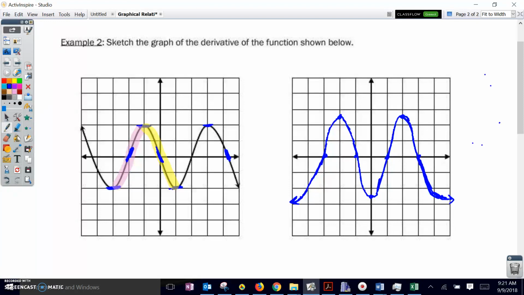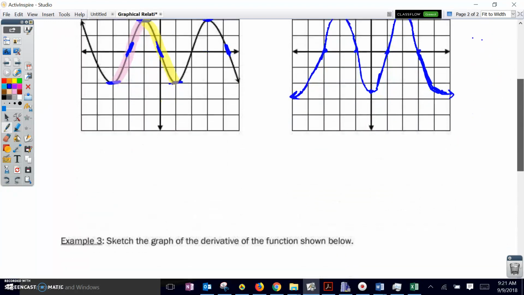And it might look something like that. Again, this is a sketch, so it's not completely precise, but we want to get close enough that we get a decent idea graphically what's going on with the function. Alright, we'll be a little bit more precise in our last one because we have some easy to read slopes.